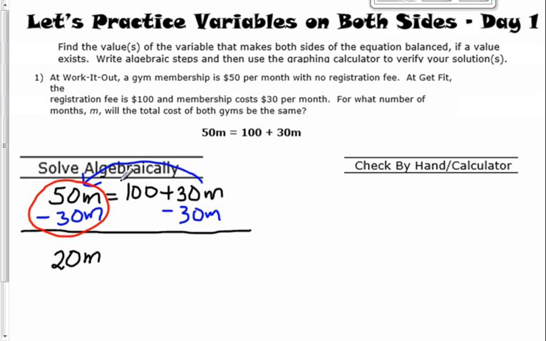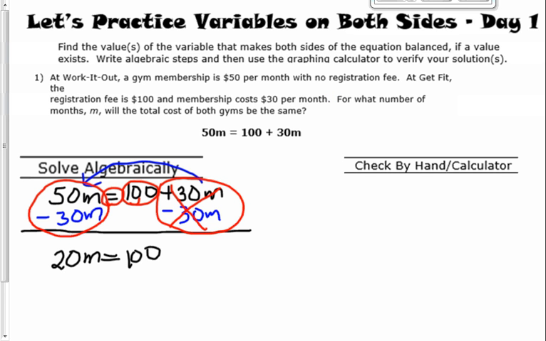Then I continue reading across, so I have my equal sign, so I'm going to bring it down, go back up, go to the right, and then I have 100, so I bring down my 100. Go back up, go to the right, then I have plus 30m minus 30m. That's going to end up canceling each other out, so it's like it's not even there.